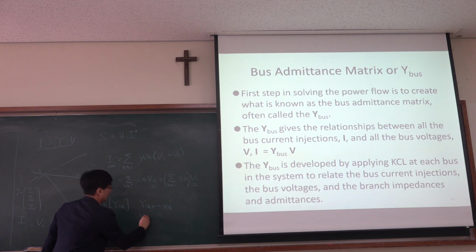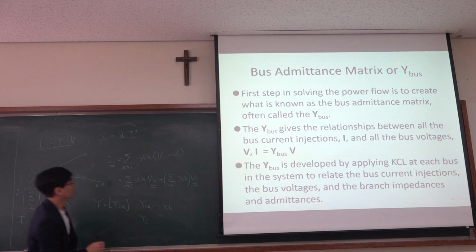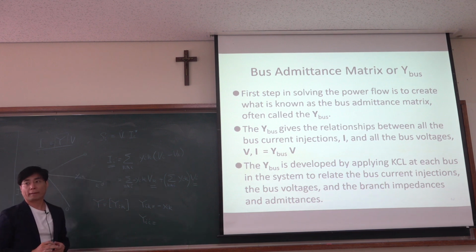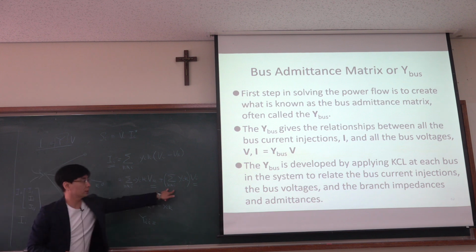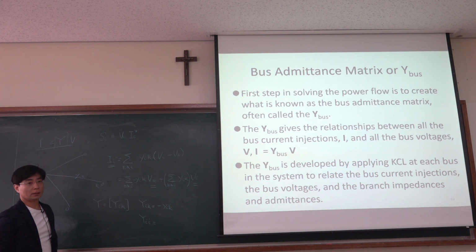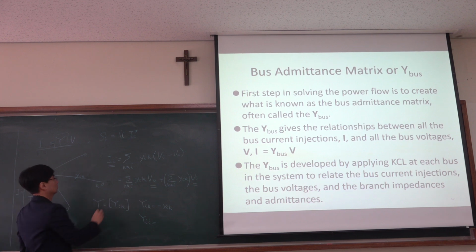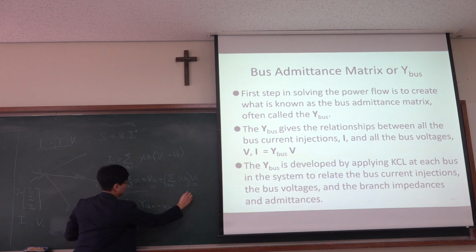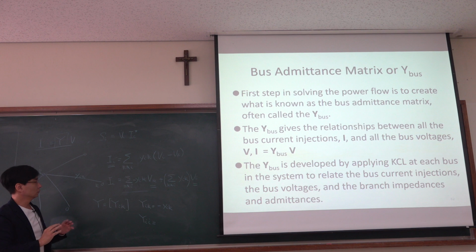And when K equals I, for Y sub ii, what should it be? This should be the summation of this plus that, right?